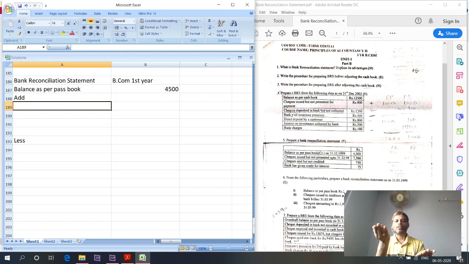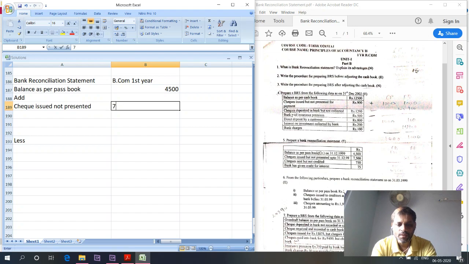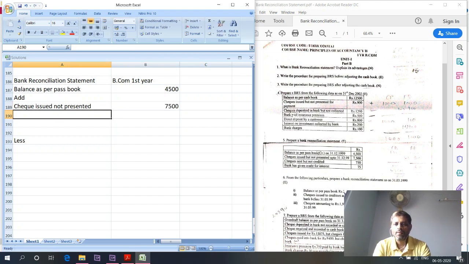That is still not presented for payment. So we have to add this to the bank balance. Checks issued not presented is 7,500. We have to add to arrive at the correct balance as per cash book.